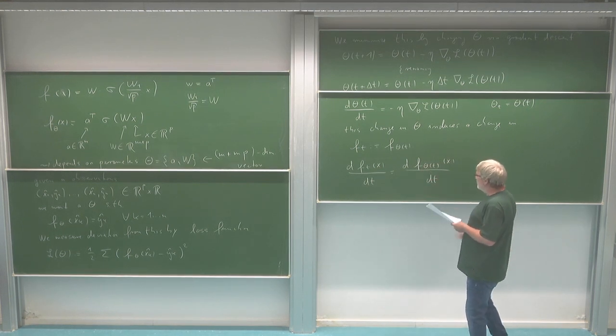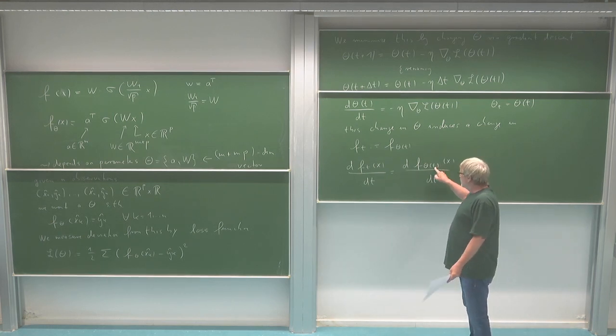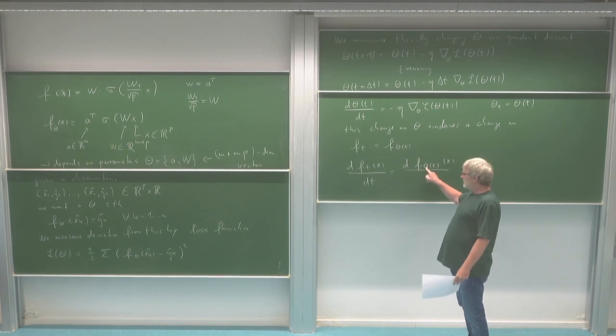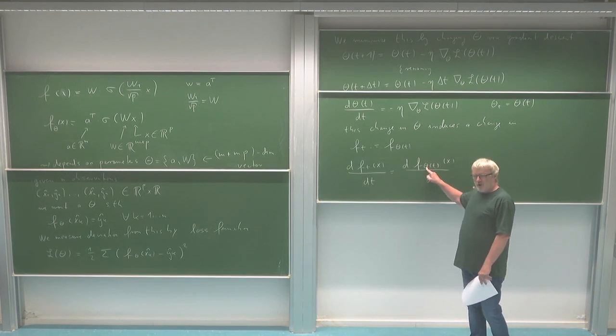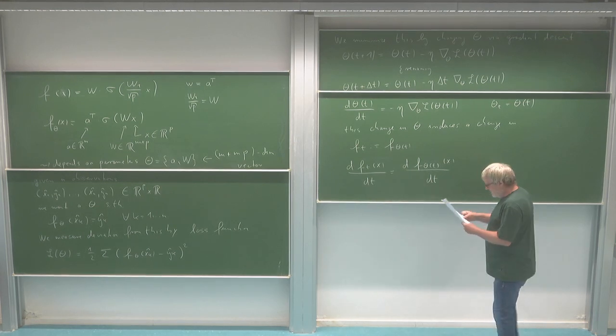This derivative of f with respect to t comes from the fact that f depends on the parameters, and the parameters depend on t. So by the chain rule, I have to sum over all partial derivatives of my function with respect to all the parameters, and then multiply with the change of the parameters according to t.